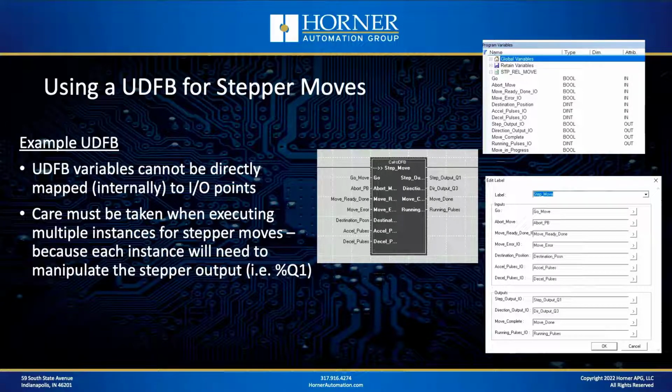And that's the output that we use to create motion on that particular axis, if you want to think of it as an axis. So if we have multiple instances of UDFBs executing different moves, but they're all for axis number 1, then we have to be careful that those UDFB instances don't interfere with each other, at least in regards to the stepper output or output number 1. So that's something we'll have to look at as well, but I'll cover that in the content here.